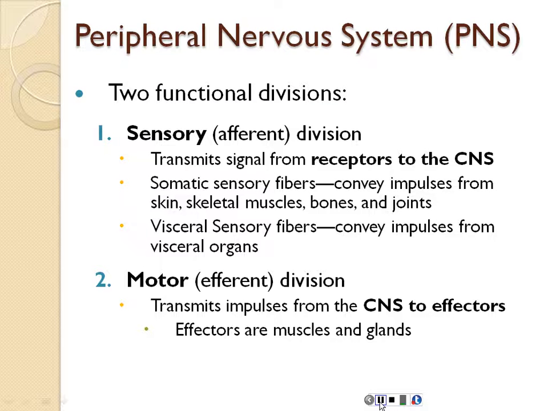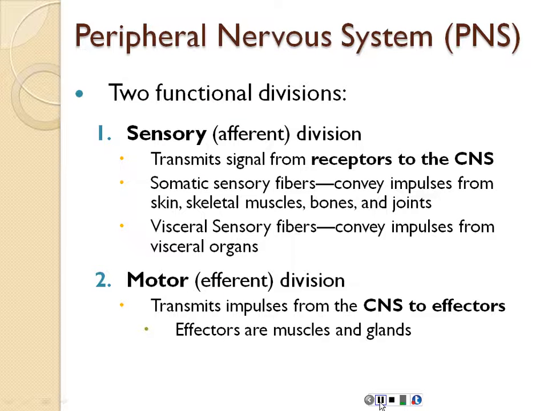Okay, so what do we say in order for us to make any movement voluntarily? That signal starts where? Brain, CNS. So the motor division involves those nerves that have the job of transmitting a signal from what? From the CNS, which is my brain or spinal cord, on out to a muscle or gland, an effector.